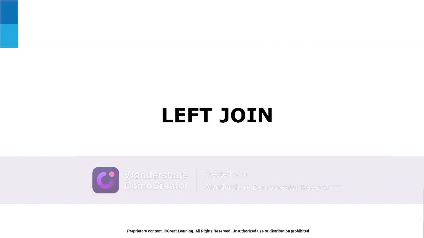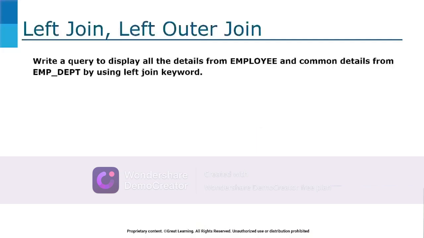Now the next topic, which is left join. So left join, left outer join. Now we have to write a query to display all the details from employee and common details from employee department by using left join. It says that we have to use the left join. Now understand the question. Write a query to display all the details from employee. This is one part. That means I want every detail from employee. But we want only the common details from employee department, not everything.